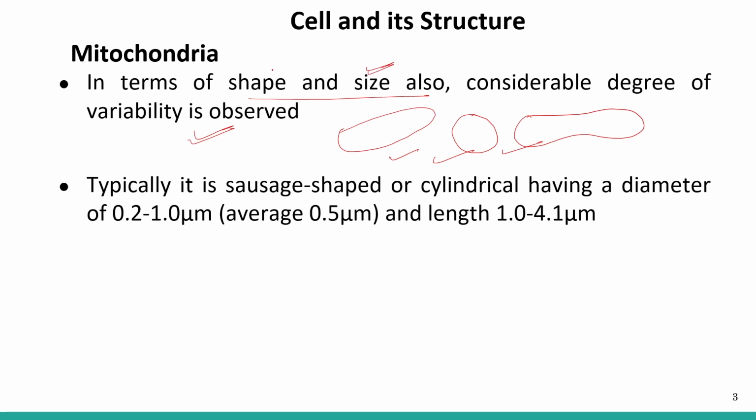So size and shape vary in the mitochondria. Typically they are sausage shaped or cylindrical, having a diameter of 0.2 to 1 micrometer, average 0.5 micrometer, and a length varying from 1 to 4.1 micrometer. This is the particular size of the mitochondria.